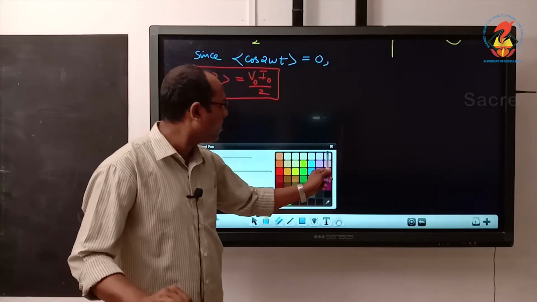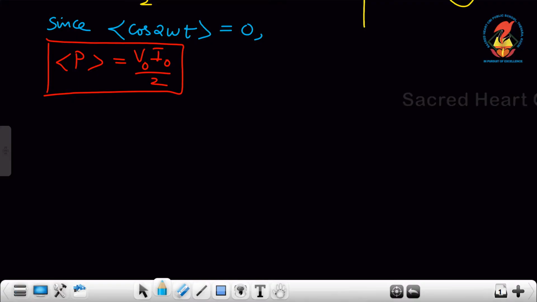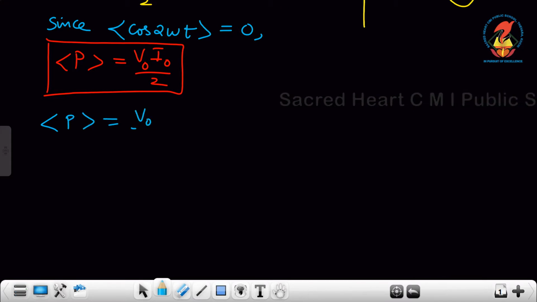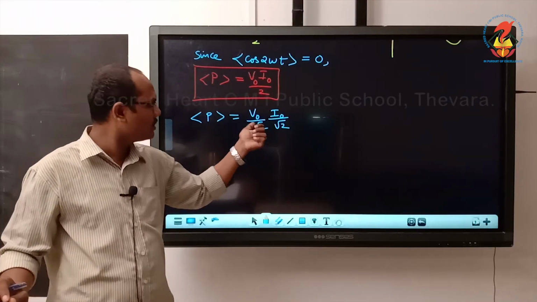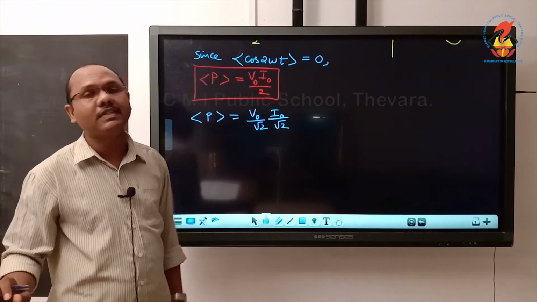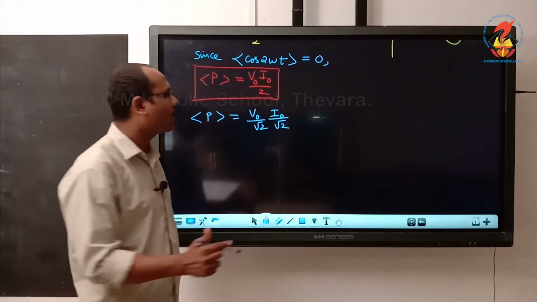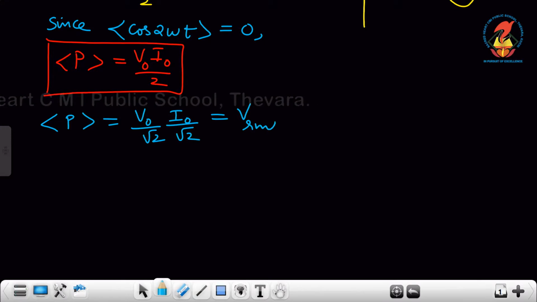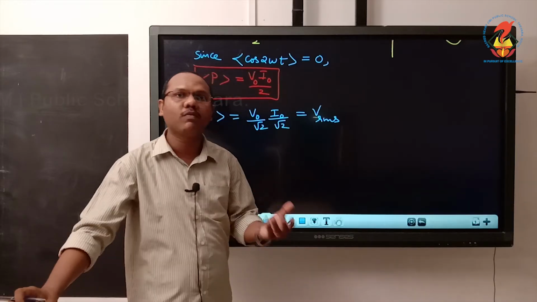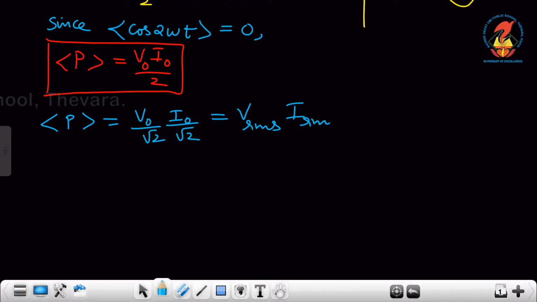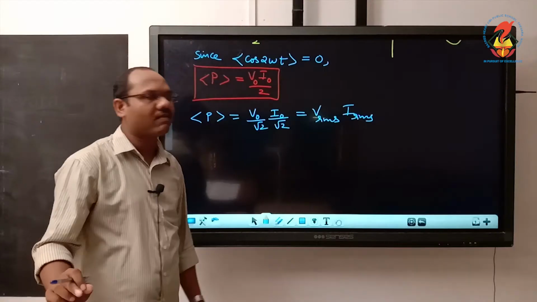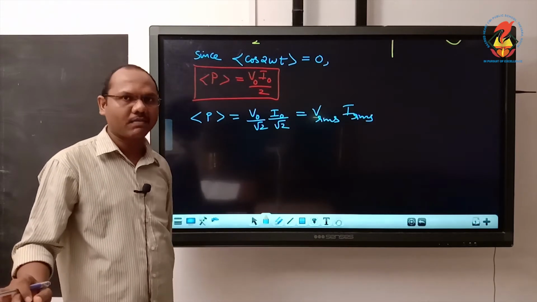Now I am going to modify this equation. I just write V0 by root 2 into I0 by root 2. I split 2 as root 2 into root 2. And what is V0 by root 2? Vrms. And what is I0 by root 2? Irms. So I can write the average power as Vrms into Irms.